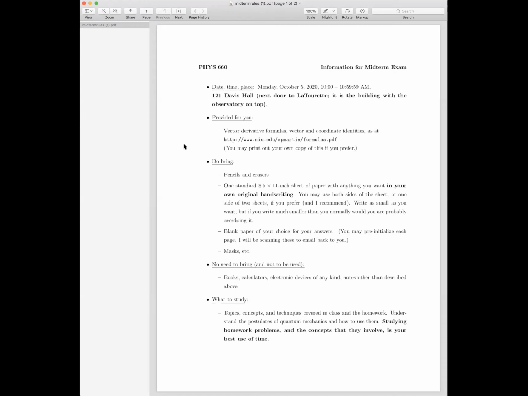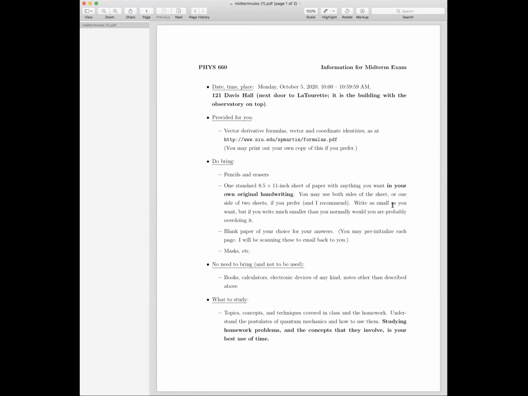You should bring something to write with and something to erase with. You should bring one standard sheet of paper with anything you want, but it has to be in your own original handwriting. Notice this has to be on paper. This should not be on an electronic device.